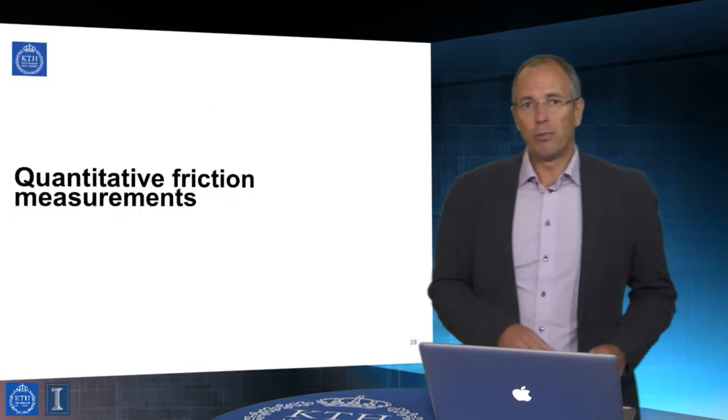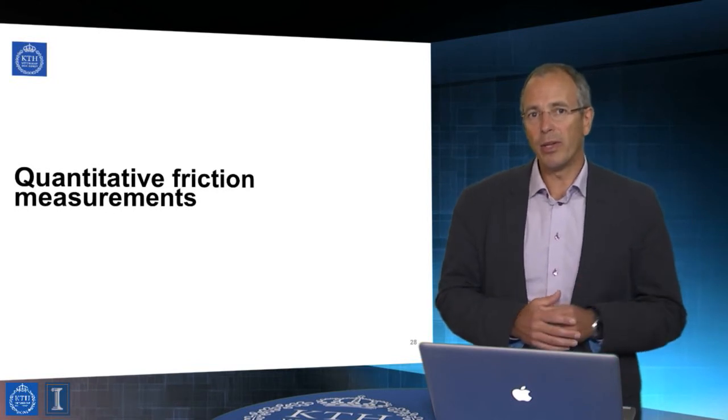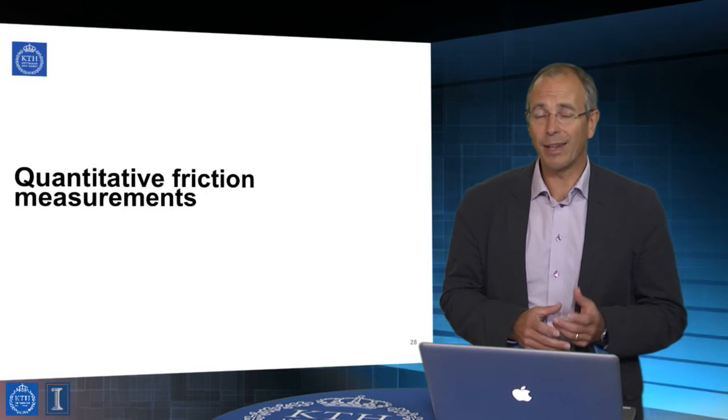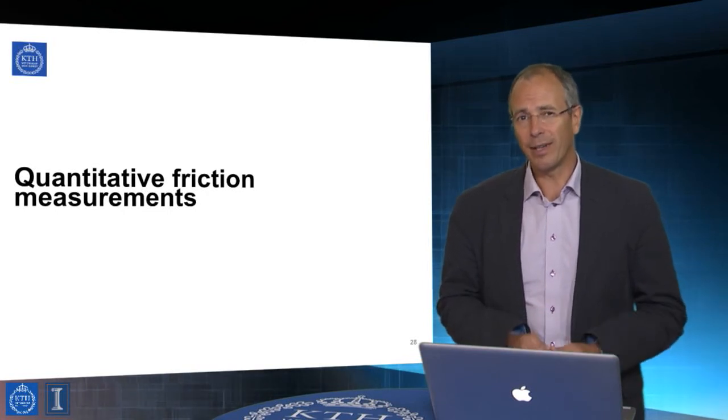Okay, now I think it would be wrong to not mention the fact that we can actually perform quantitative friction measurements at the atomic scale here. It's not necessarily something we would use for material characterization, but the AFM has revolutionized our understanding of tribology, which is the understanding of friction, lubrication and wear, particularly for interfacial friction.